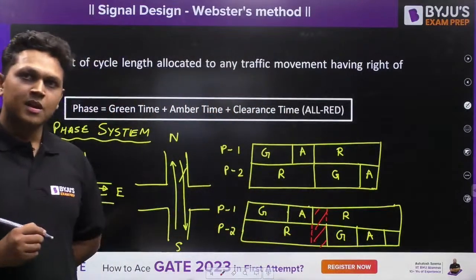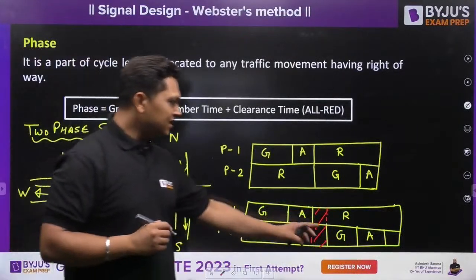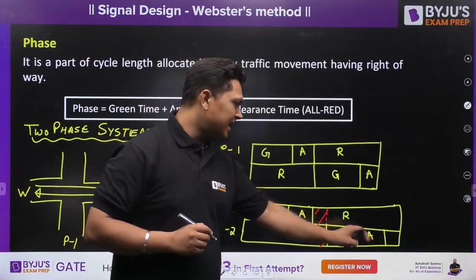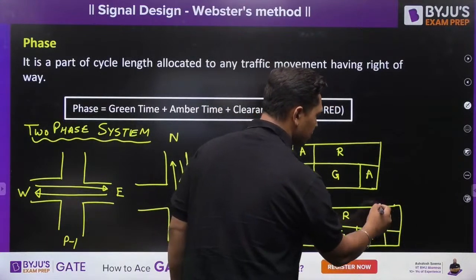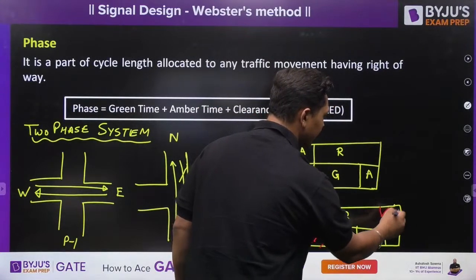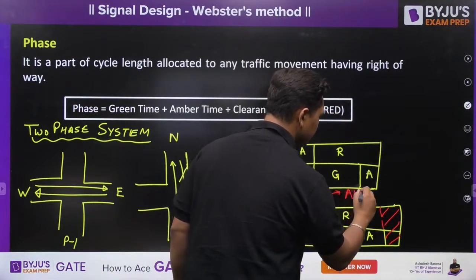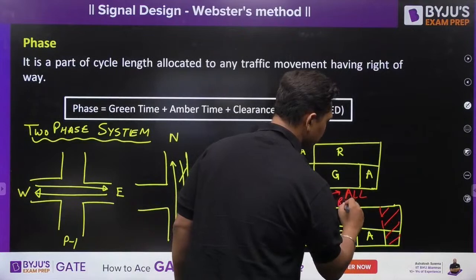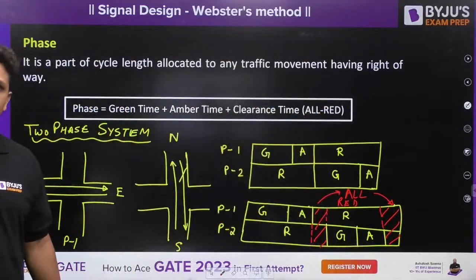Yes or no? This portion over here is all red. Then after this, green time has started, amber time has started, and then again red has started over here and red is over here also. So this is also all red. So these two are all red time.